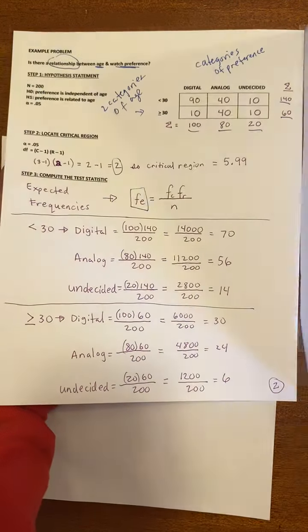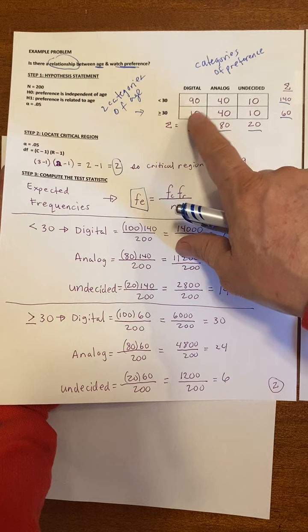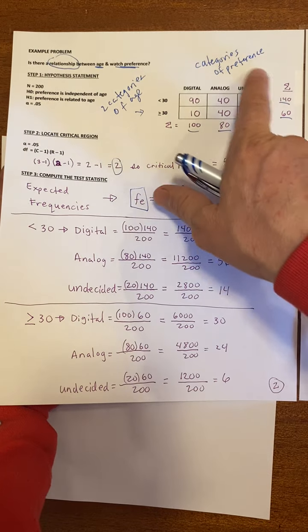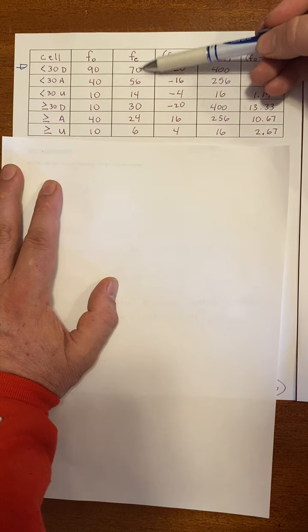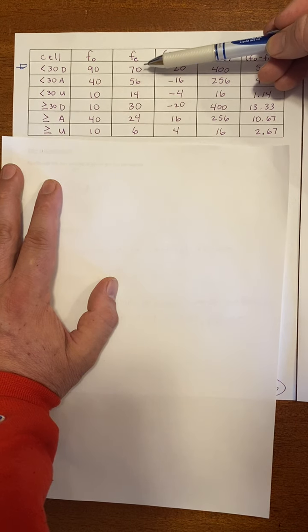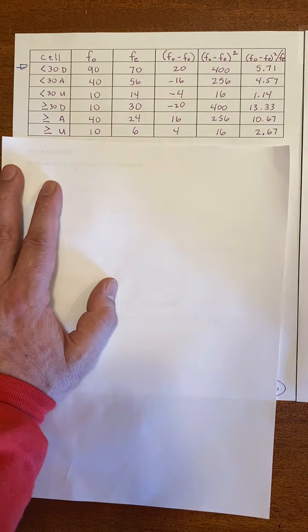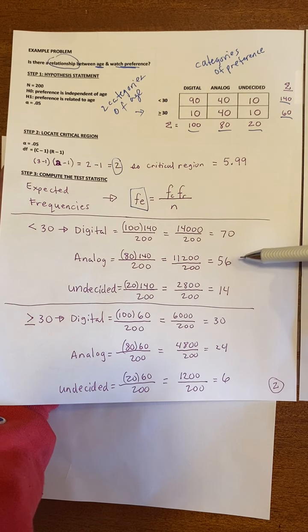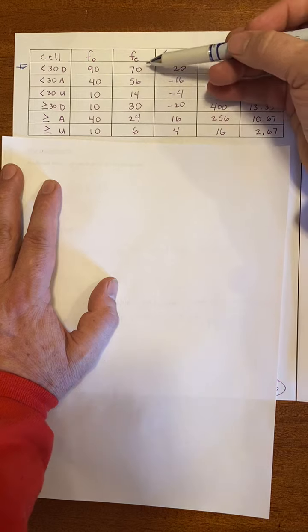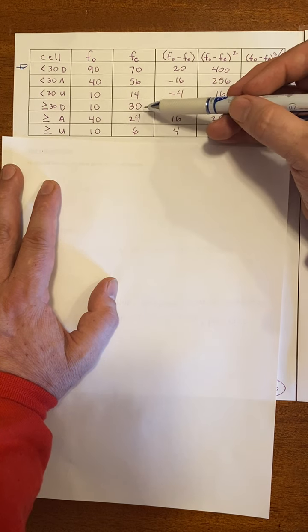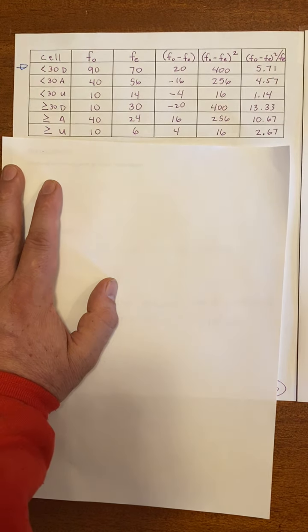Those are the observed scores, the scores that you actually got. The FE column is that collection of scores that you just calculated: 70, 56, 14, 30, 24, 6.